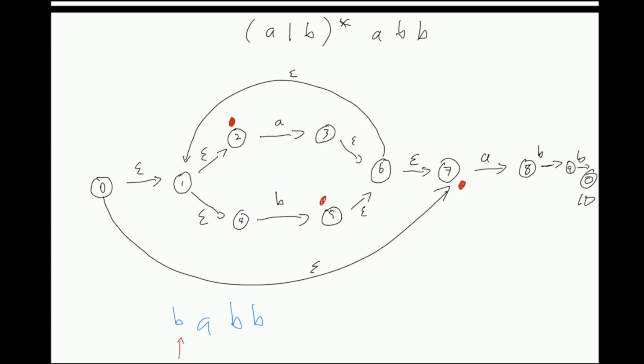But what about state 2? There's no edge to another state, so we can think of this as going to an error state, as not being used. So there's no way to transition from 2 to anywhere else on B in a valid match to this pattern. And same thing for state 7. There's no transition from state 7 using B to another state.